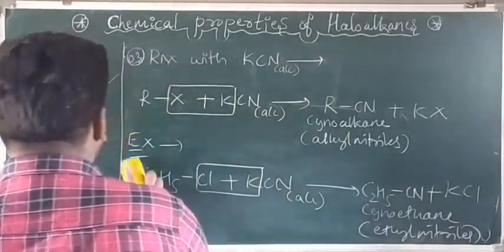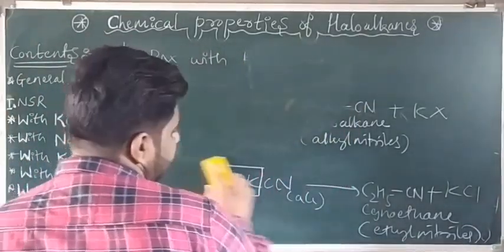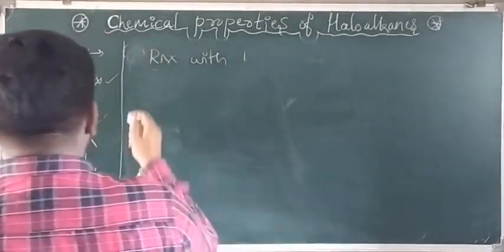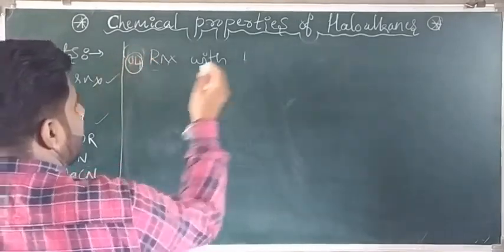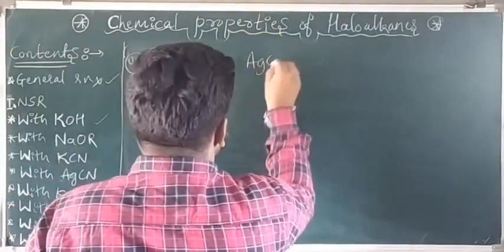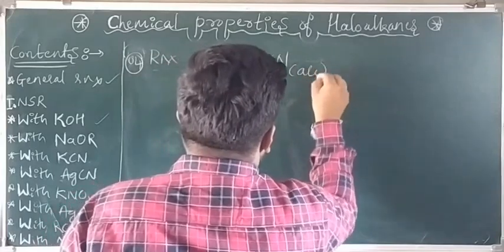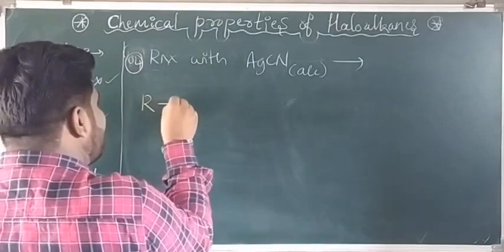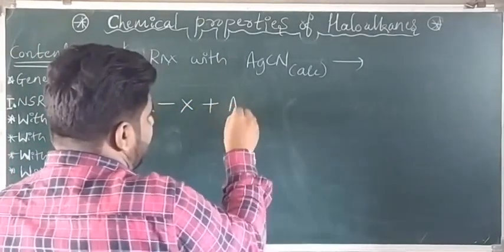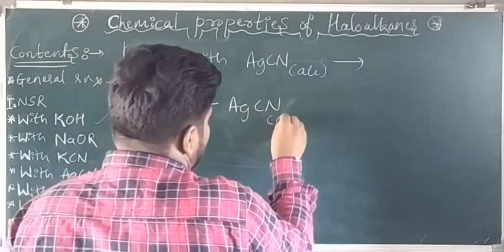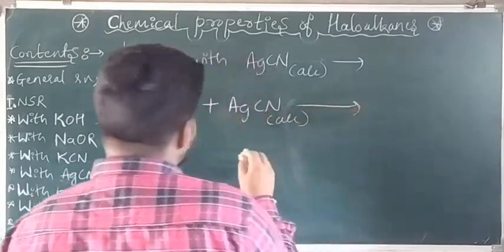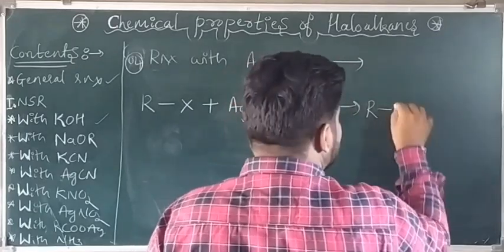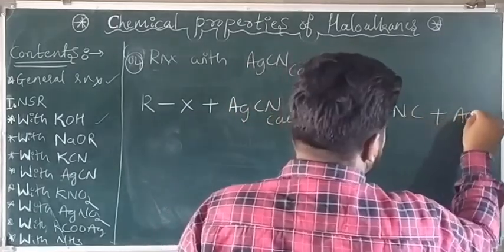Now we will switch on to the fourth reaction, reaction with AgCN. What is AgCN, guys? That too, alcoholic, we require here. Silver cyanide. When you use alkyl halide with alcoholic silver cyanide, instead of RCN we are getting RNC plus AgX.